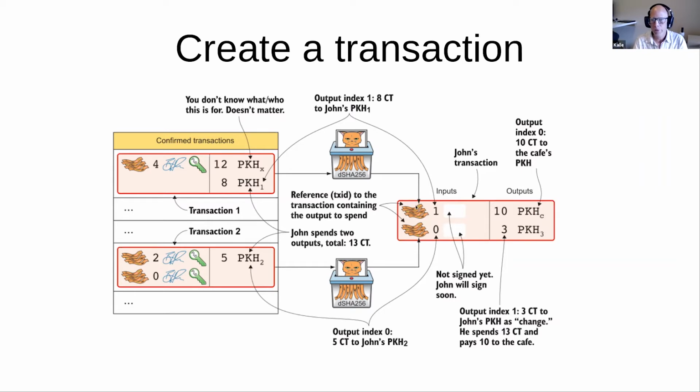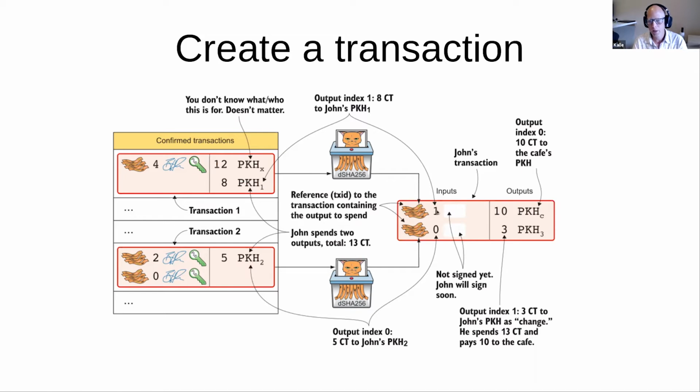Inputs are referring to previous transactions' outputs. If we look at the first input here, it contains a hash and a number. This number is an index. This hash is actually the double SHA-256 hash of the transaction to spend from. So when John creates this transaction, he hashes the transaction that he's going to spend from and adds the hash to this input here.